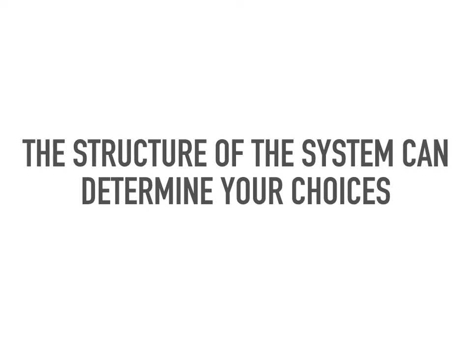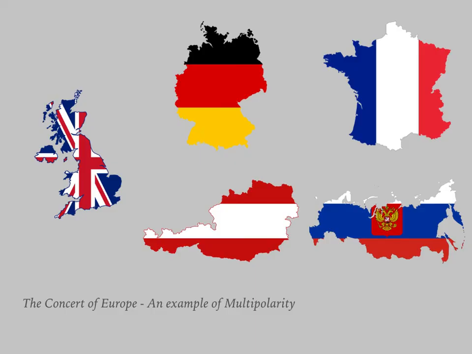And so the big change that structural realists look at when studying the Cold War is a simple one. That is that the structure of the system, bipolarity, etc., can determine your choices and can force your choices.